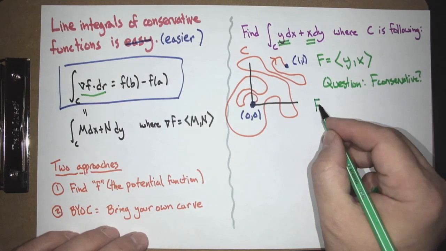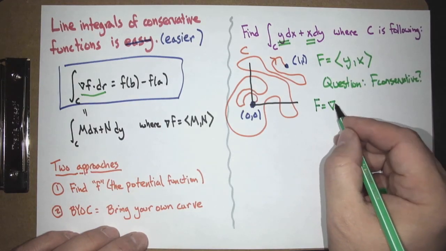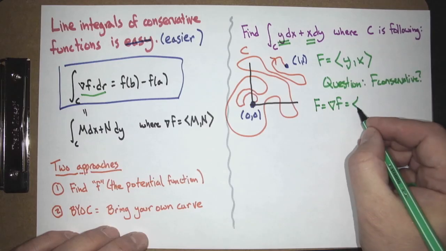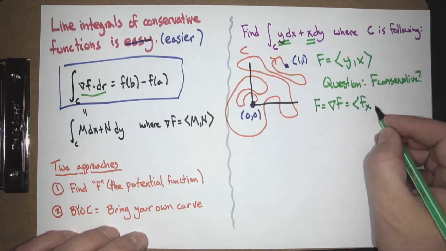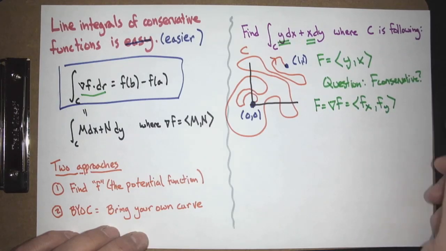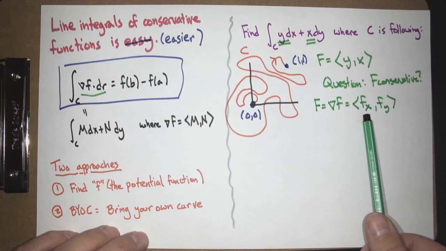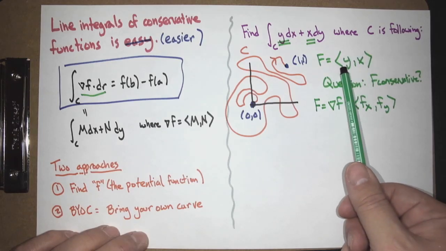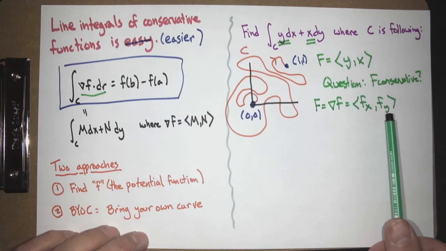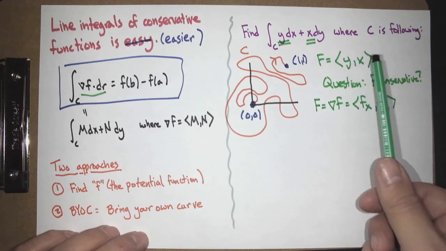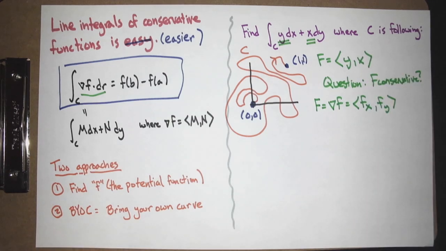F being the gradient of little f means I really have two partial derivatives, f sub x and f sub y. So I'm looking for something where, when I take the derivative with respect to x, I get y. When I take the derivative of the same thing with respect to y, out comes x. Is there any function you can think of that does that?